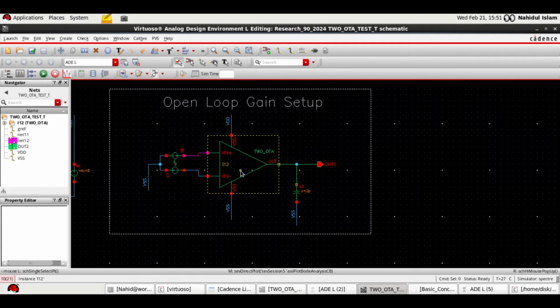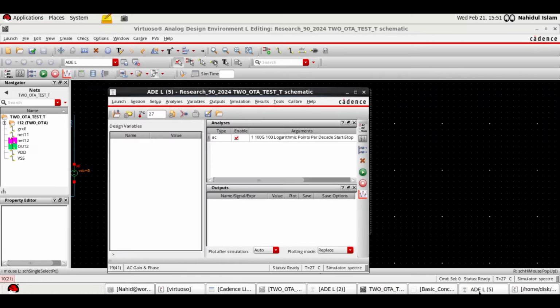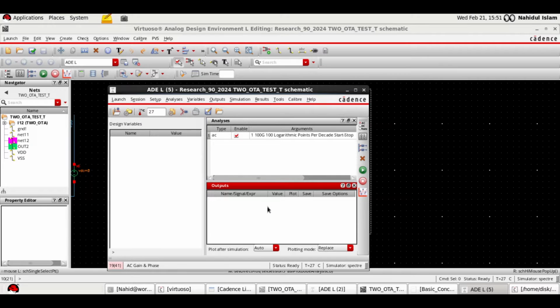But it's very difficult always if I optimize this circuit. That's why I'm going to show how to set the output once, then you can run the simulation and you get the output.